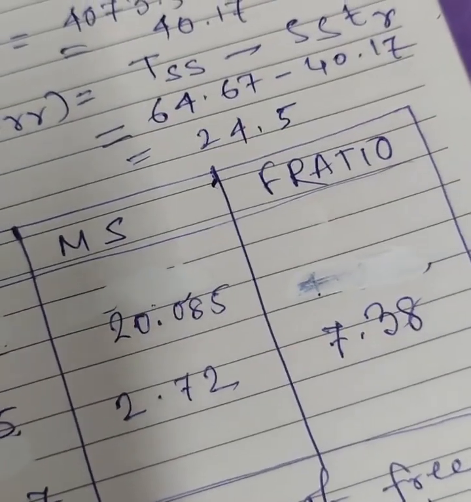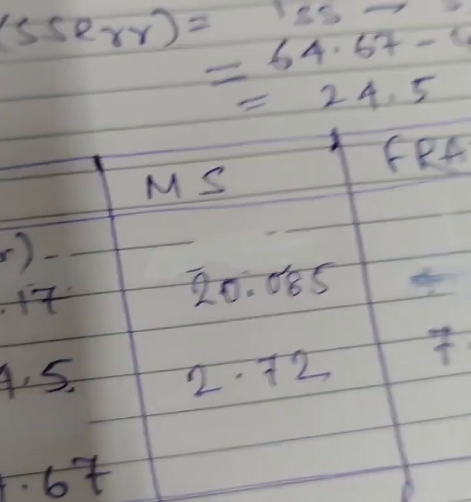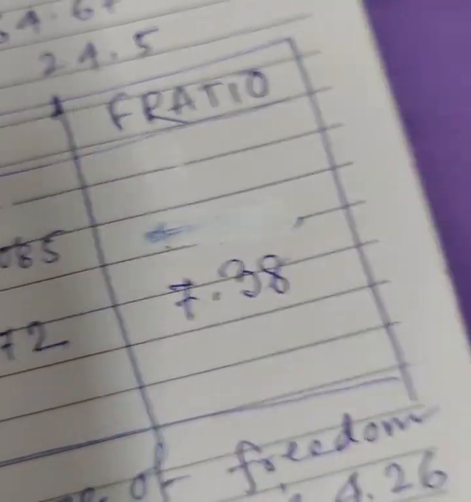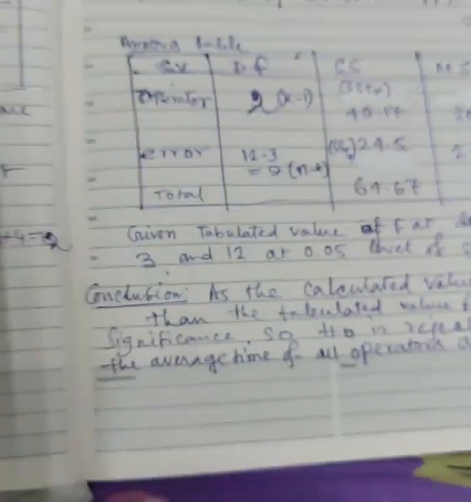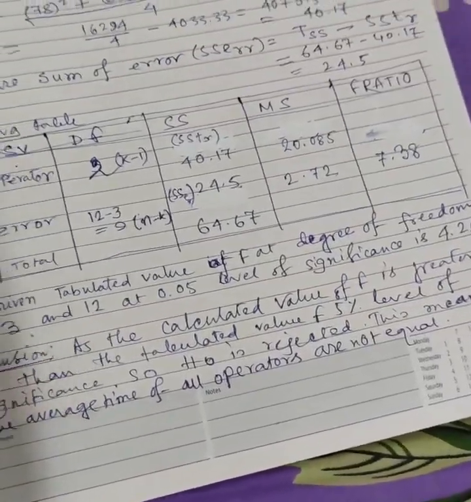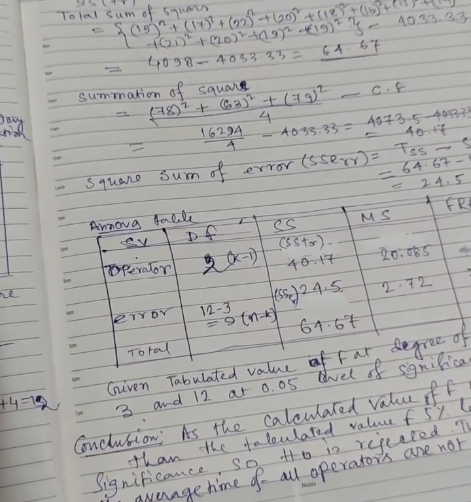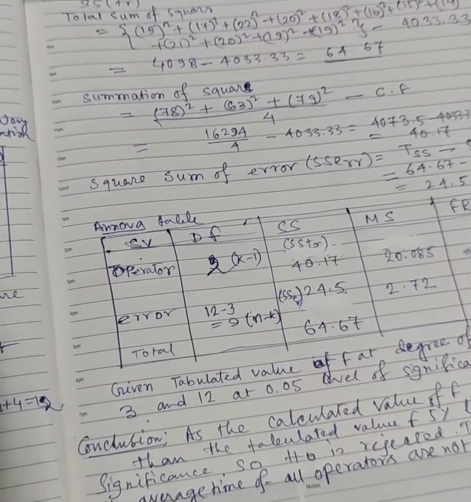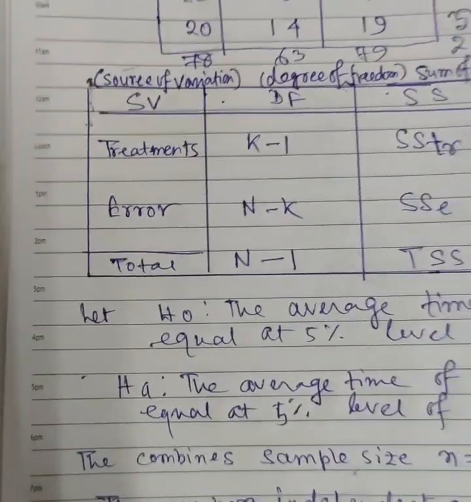Now divide the two: 20.085 divided by 2.72 is 7.3, which is much larger than the tabulated value. So the conclusion is that the calculated value is greater than the tabulated value, so H0 is rejected and H1 is selected.